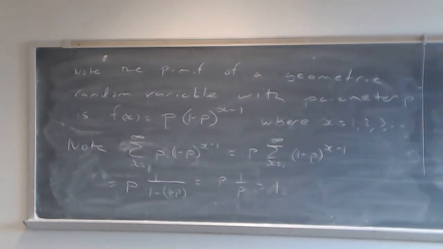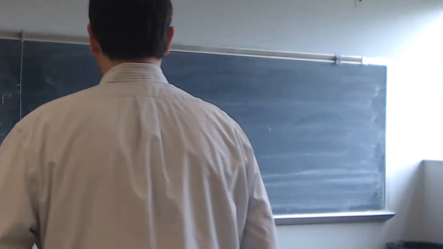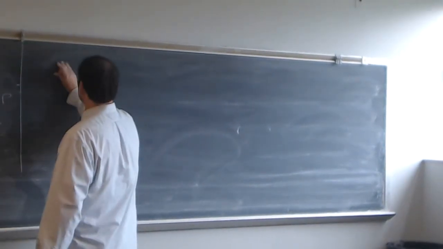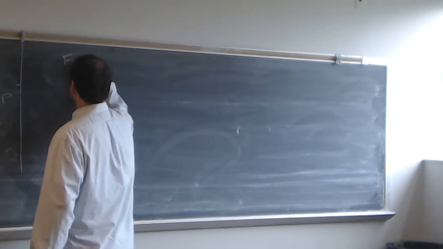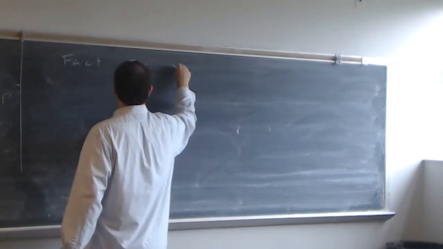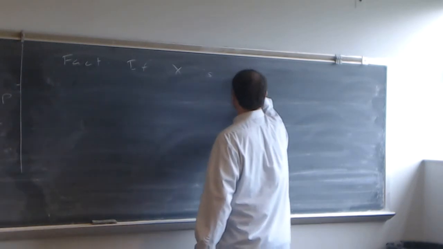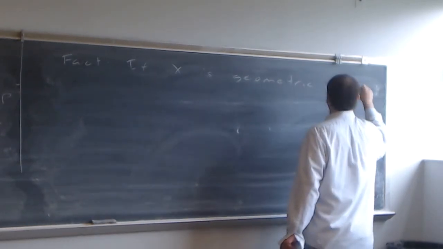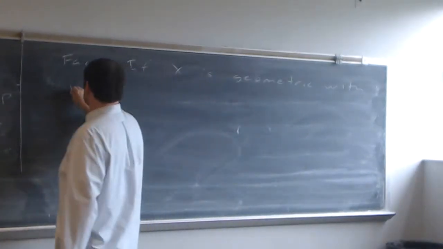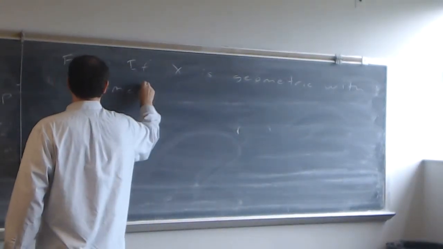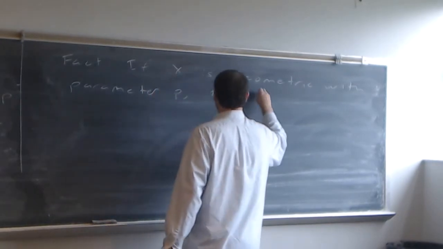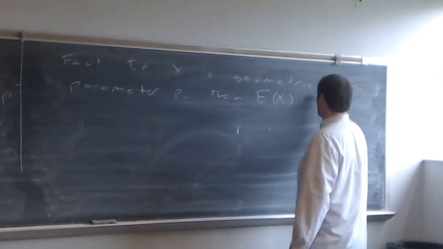Okay. Next, I want to tell you the fact that if x is geometric with parameter p, then the expected value of x turns out to be 1 over p.